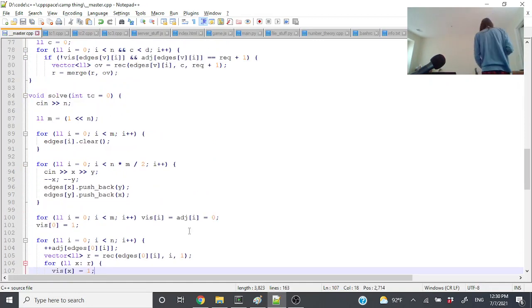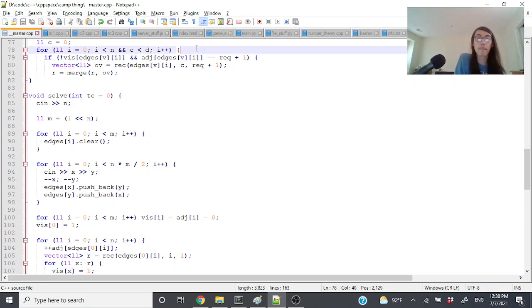Now here we're essentially saying this becomes adjacent to one more important vertex. Yeah. Okay.